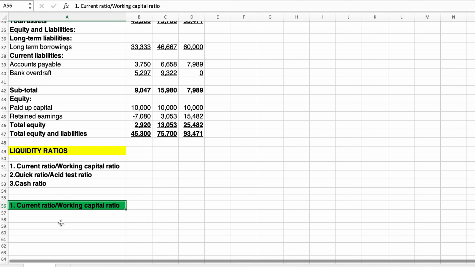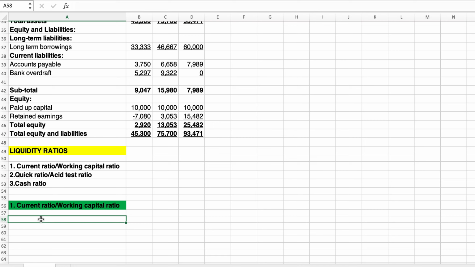Okay, the formula for current ratio is equal to current assets over current liabilities.